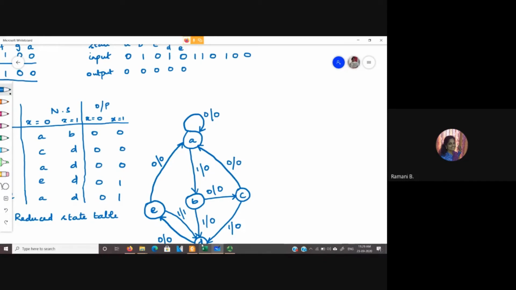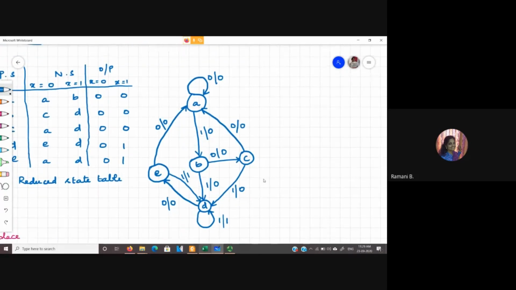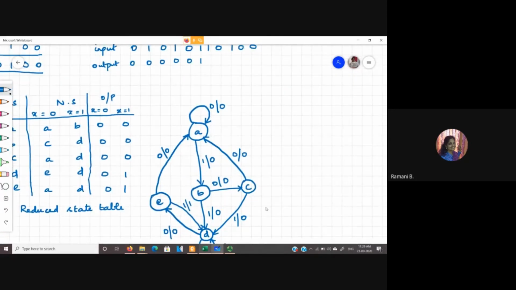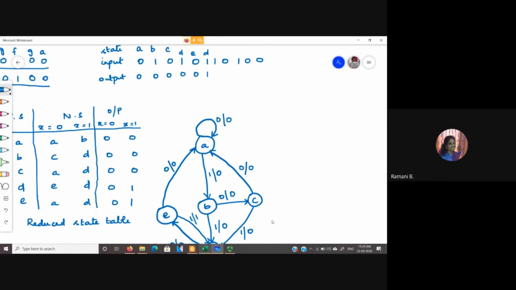Then in state E, I receive an input 1, so I go back to state D and the output is 1. Then from state D, if I get input 1, I remain in the same state with output 1. So this is D, and this is 1.